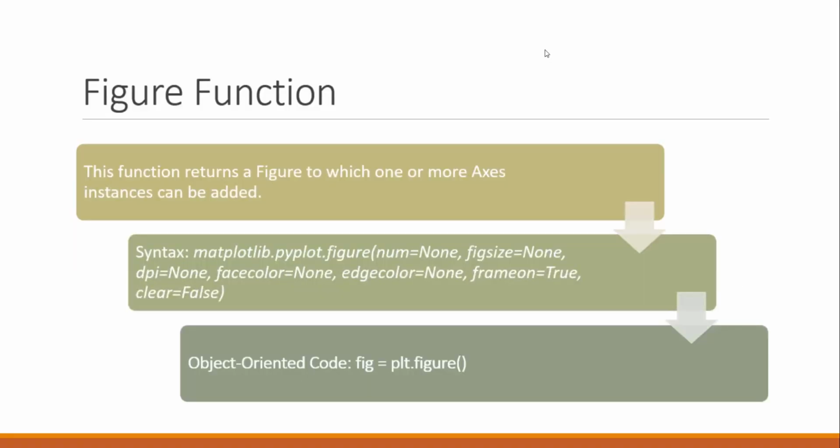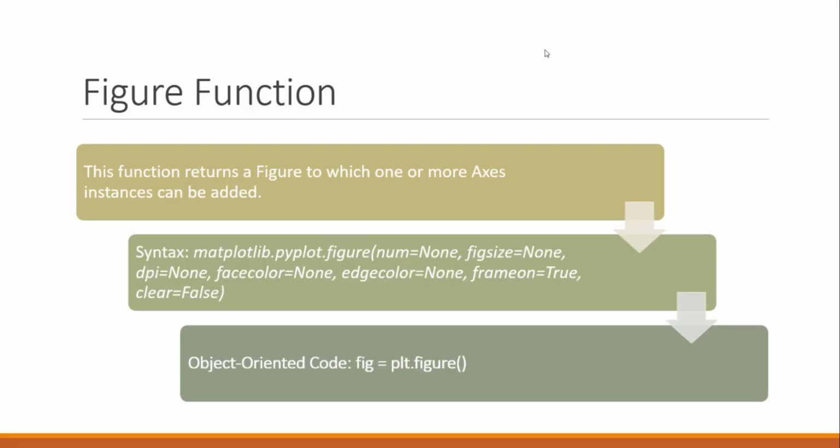Now we will see an important function, figure, which we will use in upcoming examples. The figure function returns a figure to which one or more axis instances can be added. And the syntax for this function is matplotlib.pyplot.figure and in parentheses we pass different parameters to it.